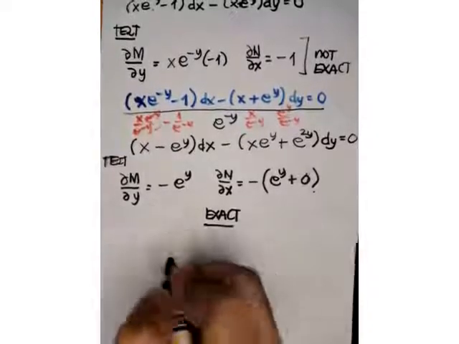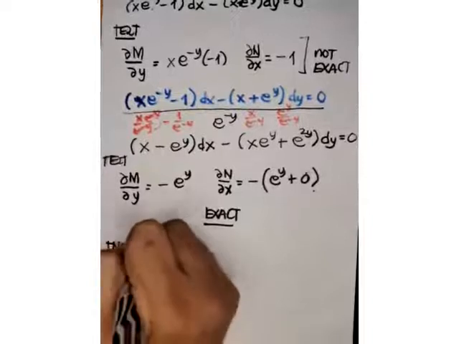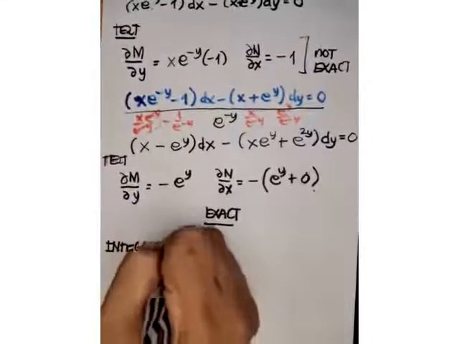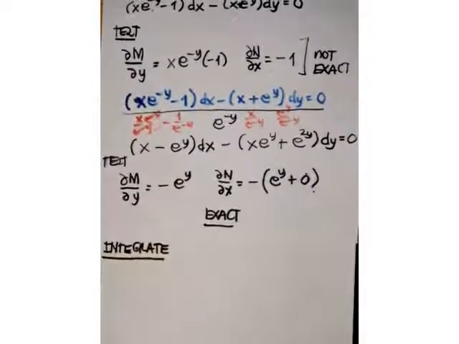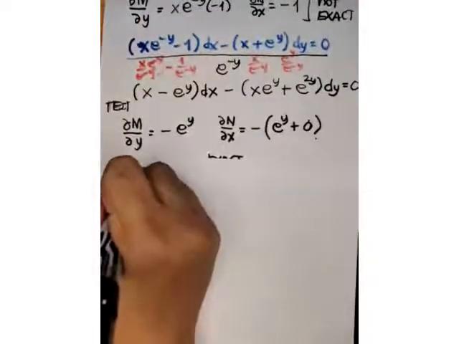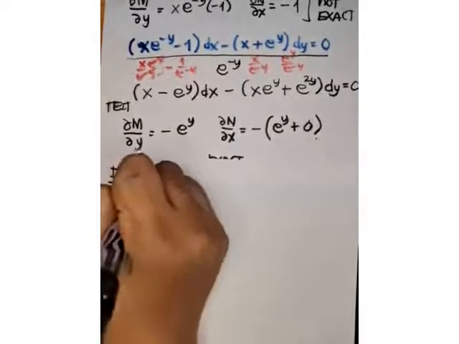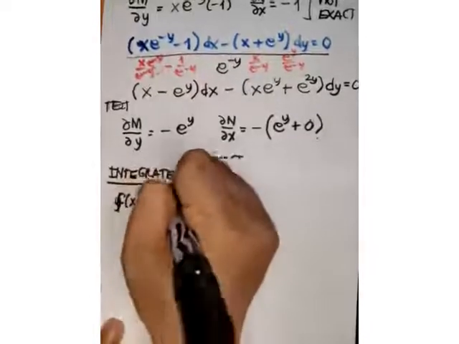Okay, so since na-exact na natin siya, we'll proceed to the next step. So let's integrate. Ayan. So let's integrate. Okay, so this time, which one are we going to select to get our function? M or N?